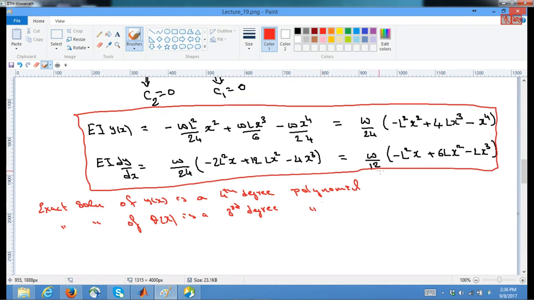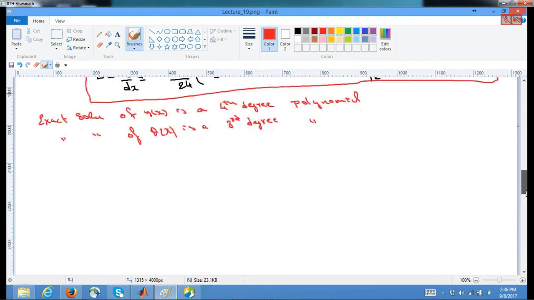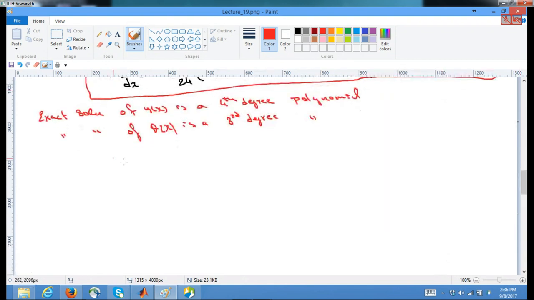Now we will try to establish what is the value of y at B, the displacement and slope at the free end.